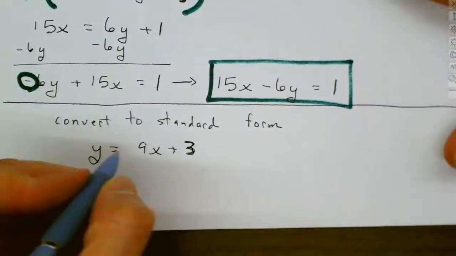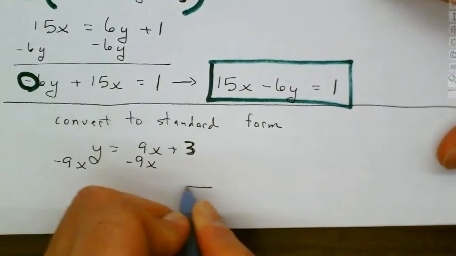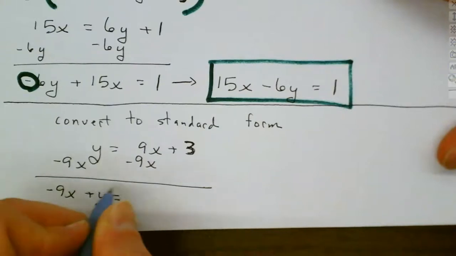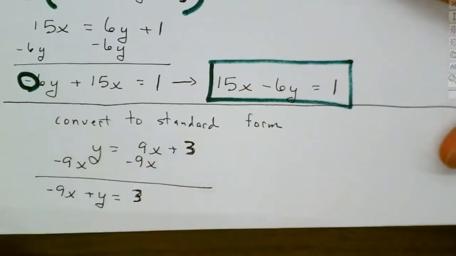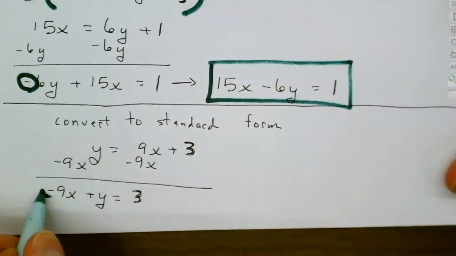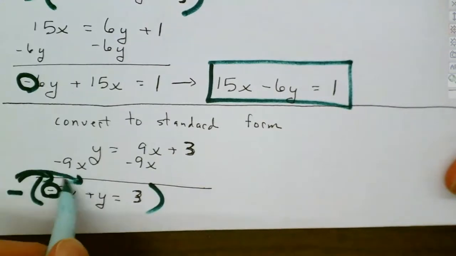So to get this in standard form, I'm going to begin by moving that 9x over. But this is not in standard form. Why is this not in standard form? Okay, because of the negative 9. So how do we change that? We put a negative in front, right, and we distribute it through.